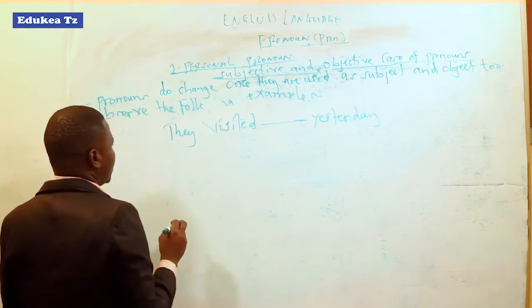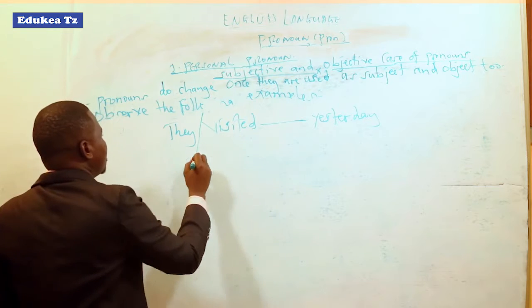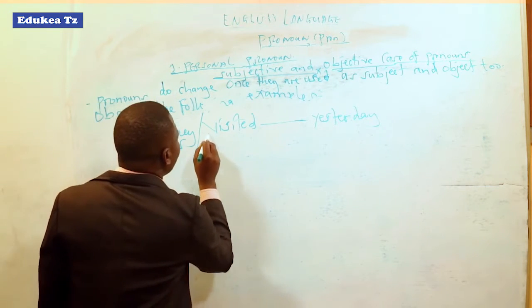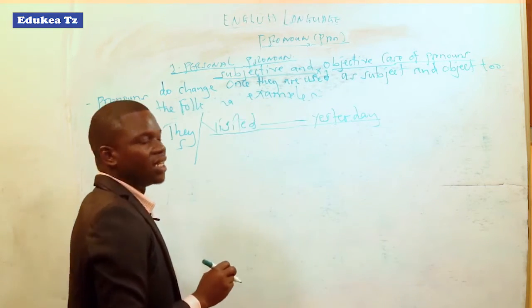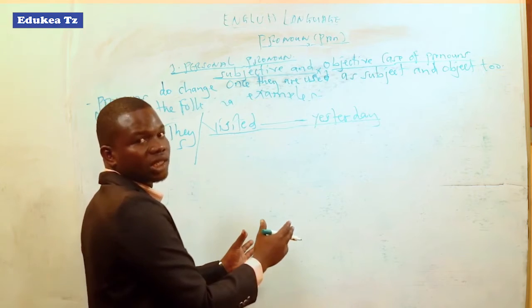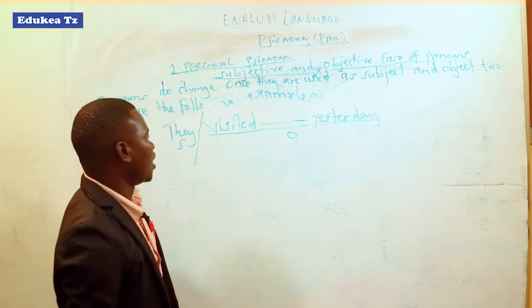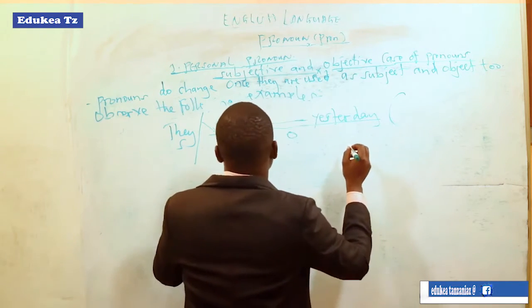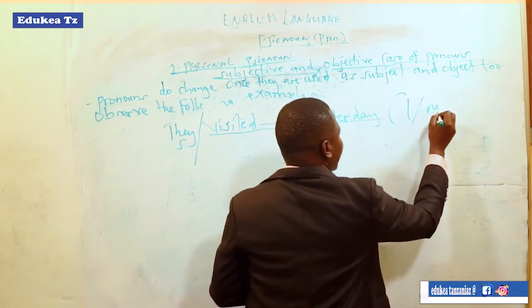Here our subject is "they", and since this is a verb, from here up to the end of our sentence is the objective part of the sentence. Now, what is our answer? If we are given two alternatives, they visited dash yesterday, is it I or me?